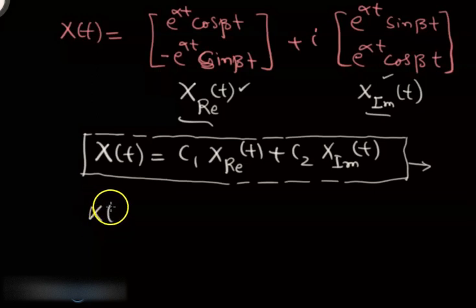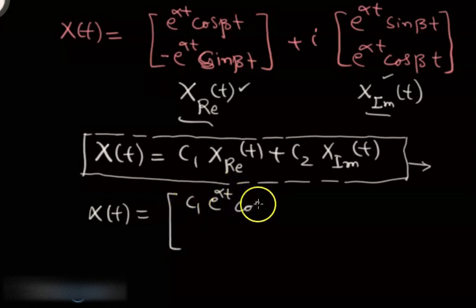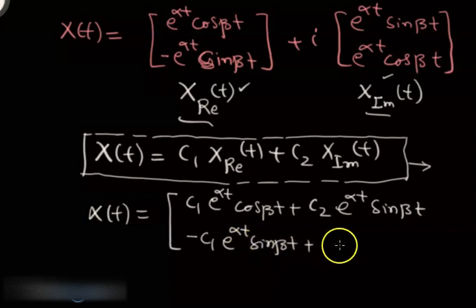So the solution has to be x of t equal to c1 times, you can put just these values and write it, c1 times e to the alpha t cos beta t plus c2 times e to the alpha t sine beta t, and then you have minus c1 times e to the alpha t sine beta t plus c2 times e to the alpha t cos beta t.